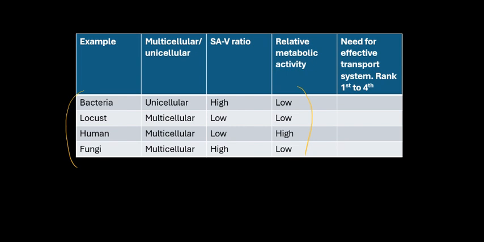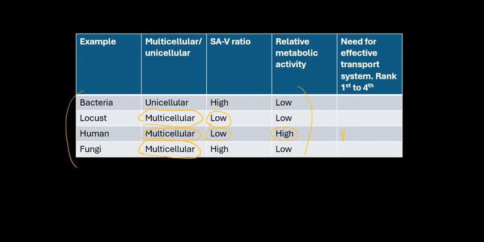Okay, so hopefully you've done that. First of all, we're looking at multicellular. We've got 3 which are multicellular, which is obviously going to tell me that they're probably the ones that are most likely going to require a transport system. Then I'm looking at surface area to volume ratio. I've got a low surface area to volume ratio on the locust and the human, and I've got a high metabolic activity for the human.